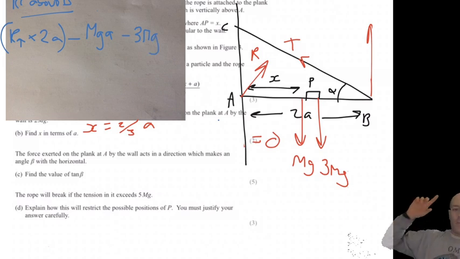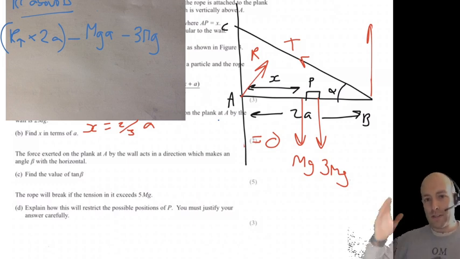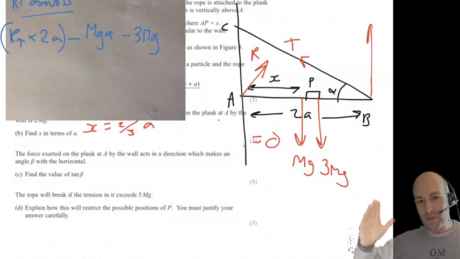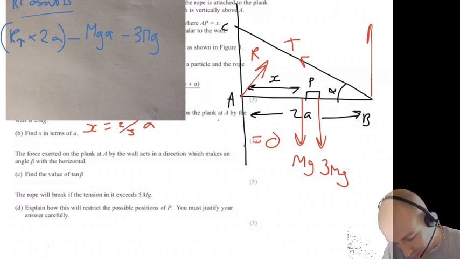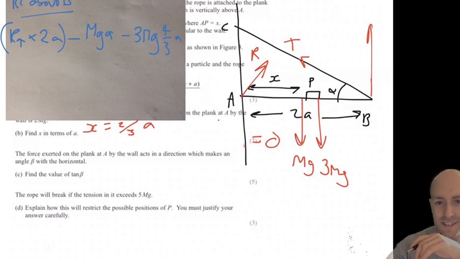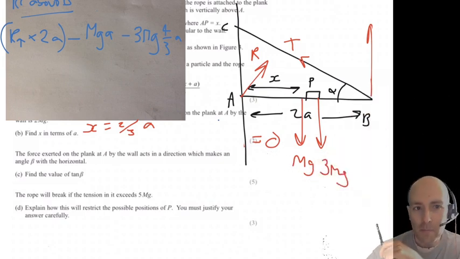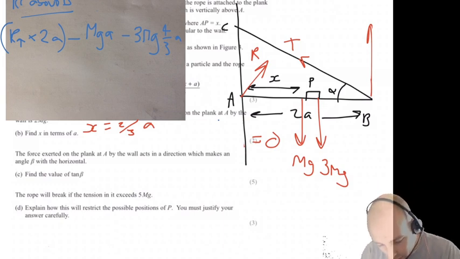Remember the weight P was 2/3 of the distance between A and P. The whole length is 2, so we're going to do 4/3 of a as our distance. If this distance here is 2/3 a, then this distance here is 4/3 a. So that's why we're using 4/3 of a. Okay, so set that equal to 0.